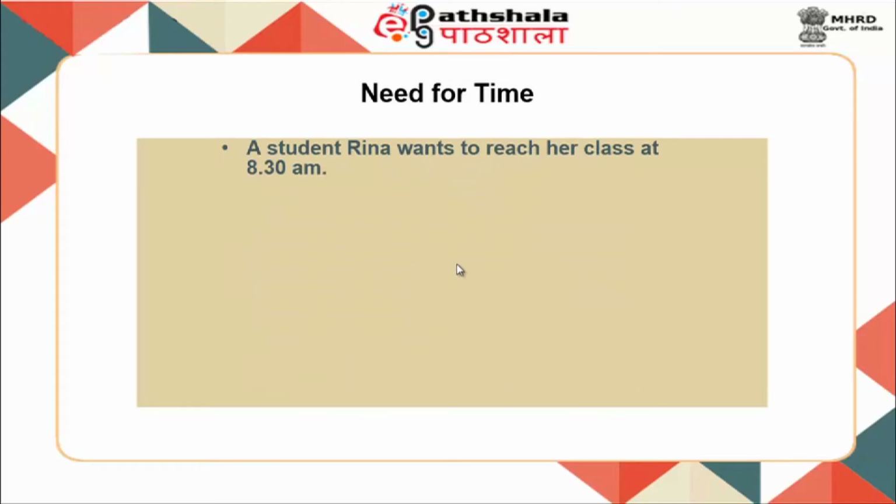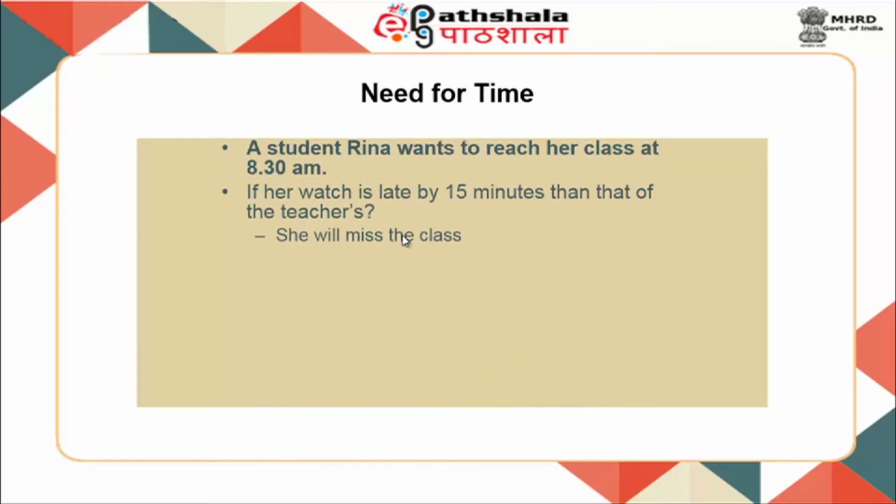So, here is our example. Student Reena wants to reach her class at 8:30 a.m. She will arrive at her class according to her watch, and if her watch is 15 minutes late compared to the watch of her teacher, then she will miss the class.